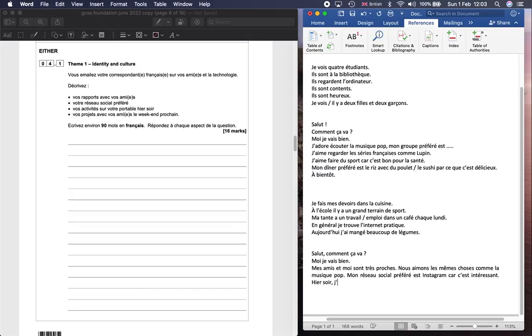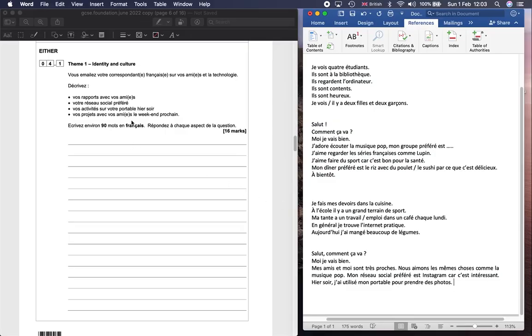So, hier soir, j'ai utilisé mon portable, let's correct that, accent, pour prendre des photos, in order to take pictures. Hier soir, j'ai utilisé mon portable. So here, portable means mobile, cell phone in America, pour prendre des photos.